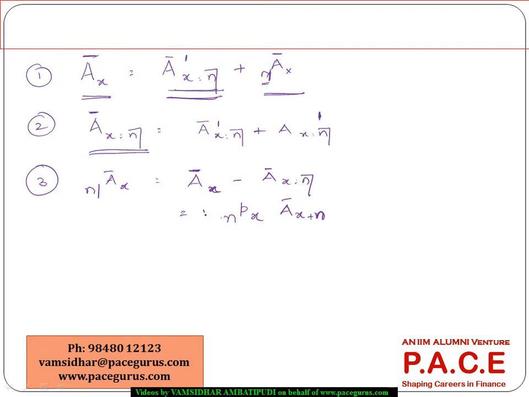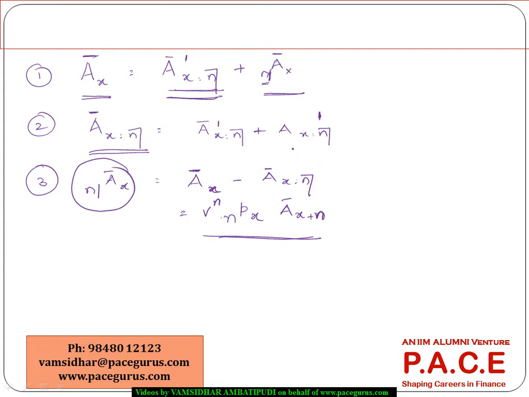Now I have to find the present value as of today, so I am multiplying it with v^n. So this is coming out to be the value associated with n| a-bar x. And survival benefits, they are not affected by the change in the time of payment, right?